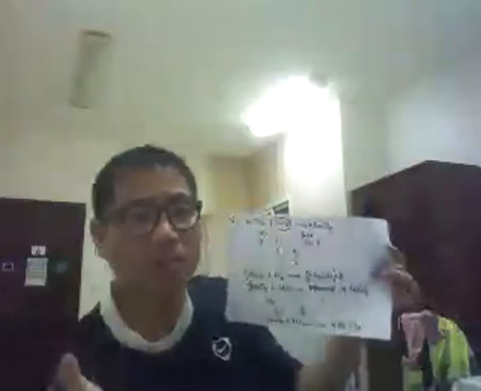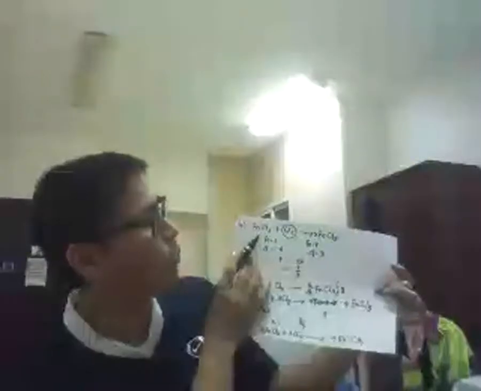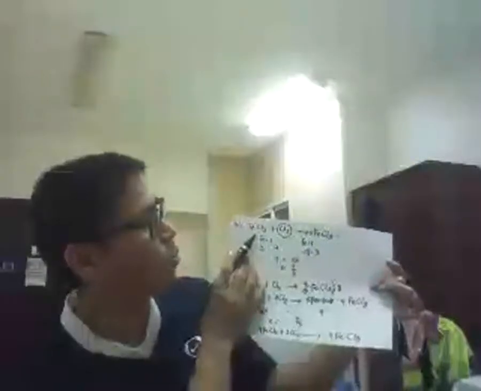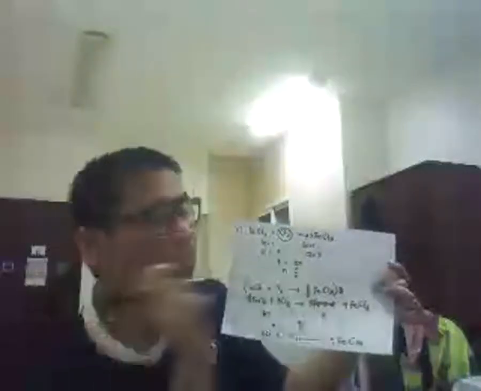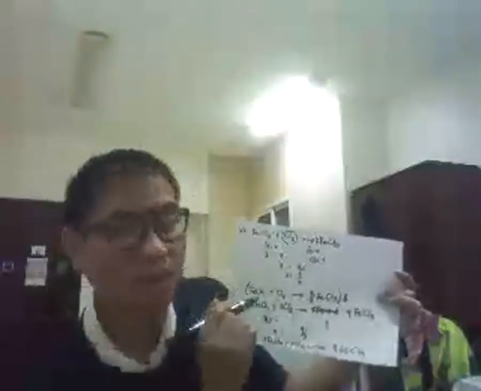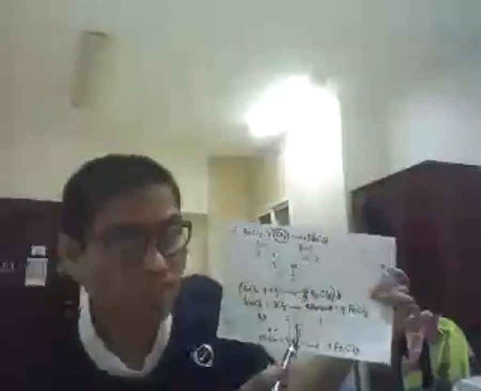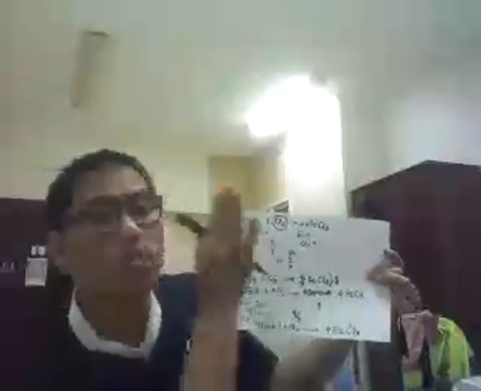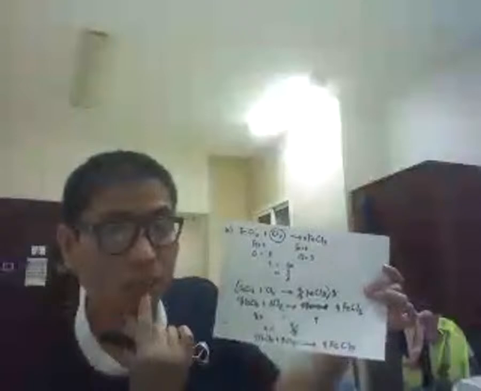So the teacher gave the wrong example. There will be no ferrous chloride plus chlorine gas existing naturally. This is the point. It could be chlorine solid, because your product is entirely a chloride, which is a solid. And if you add solid to solid, normally your product will be solid.